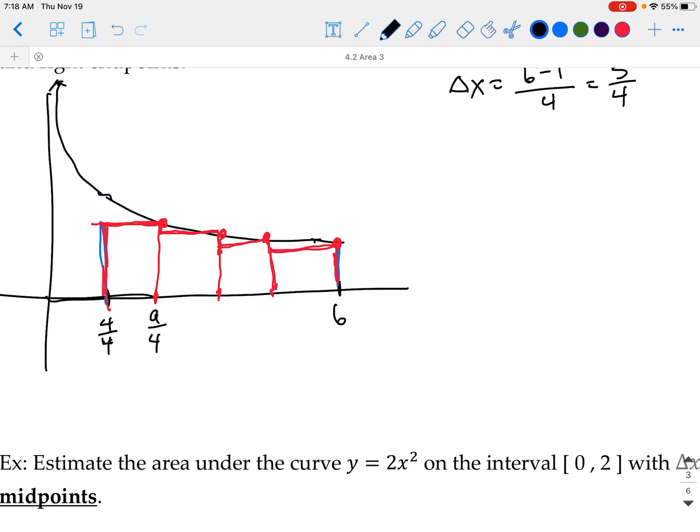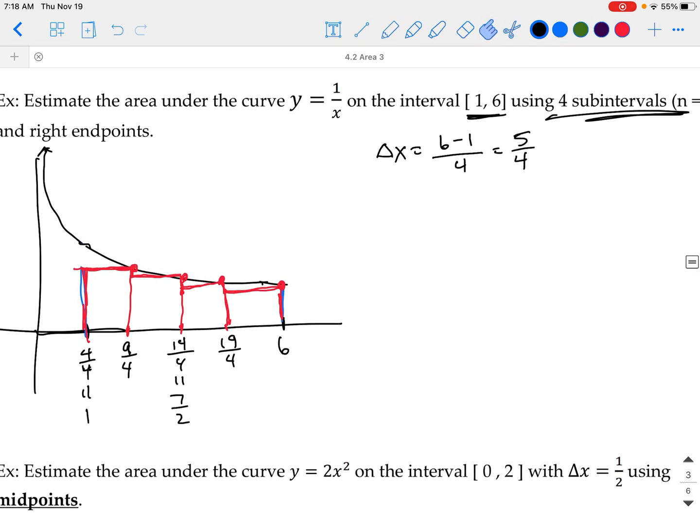So we'll have 9/4, 14/4, which is 7/2. And then plus 5/4 is 19/4. And then we end up with 24/4, which is just 6. So those are our subinterval lengths. Just note they're not always going to be perfect integer values or anything like that. They can get a little messy, but this should be pretty straightforward to calculate.